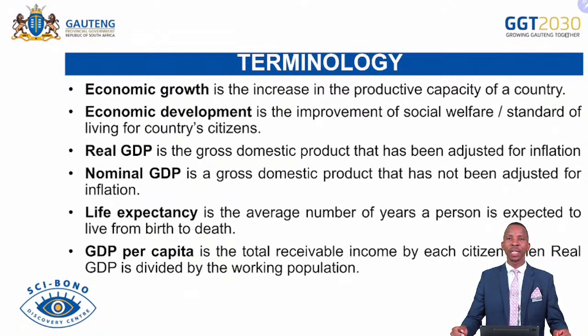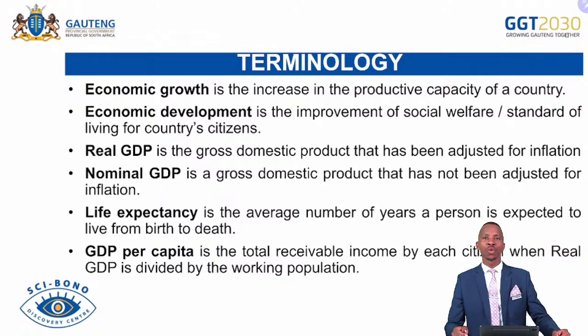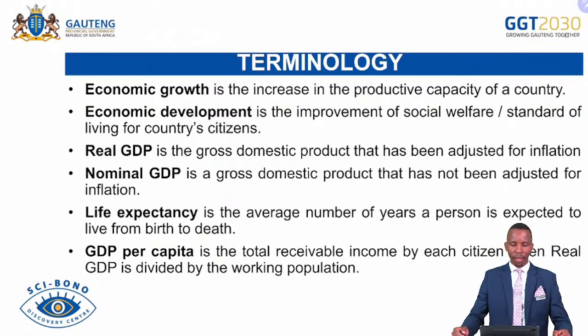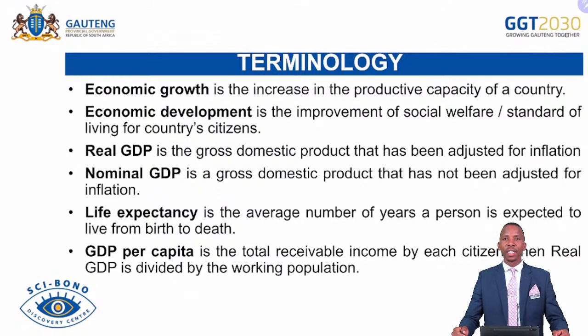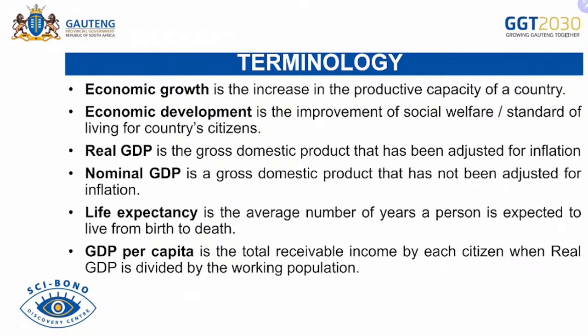Remember, real GDP figures are also known as GDP at constant prices or base year prices, while nominal GDP is also known as the current GDP figures. Life expectancy refers to the number of years that a person is expected to live from birth to death. GDP per capita. This is the total receivable income by each citizen of working population, when the real GDP is divided by working population.